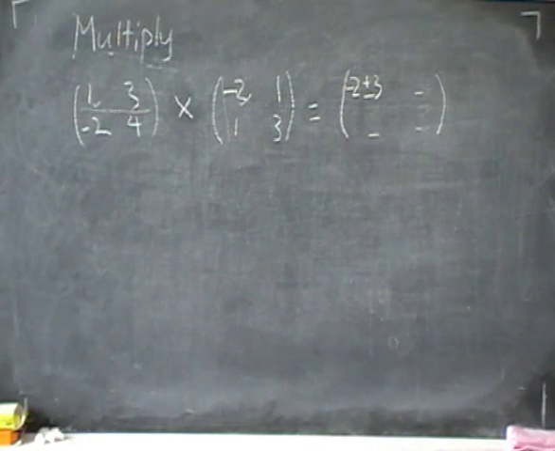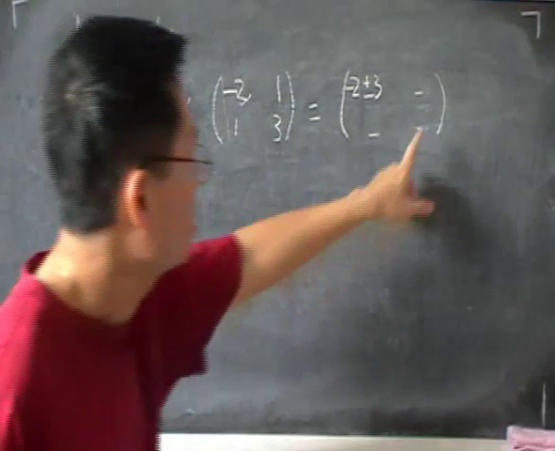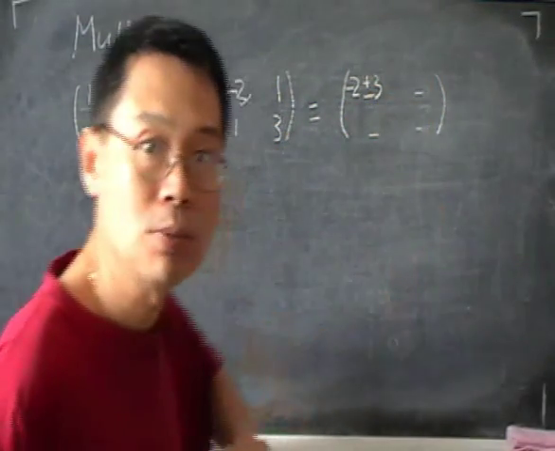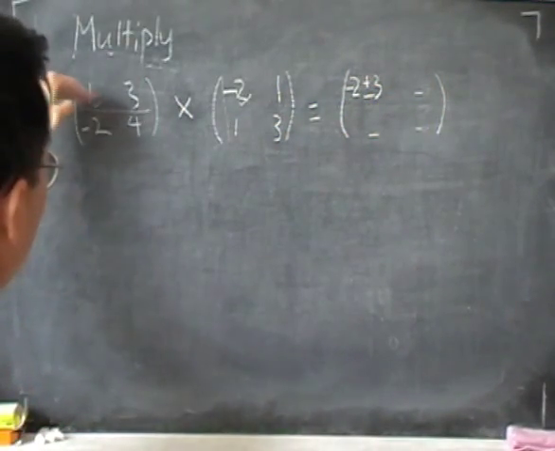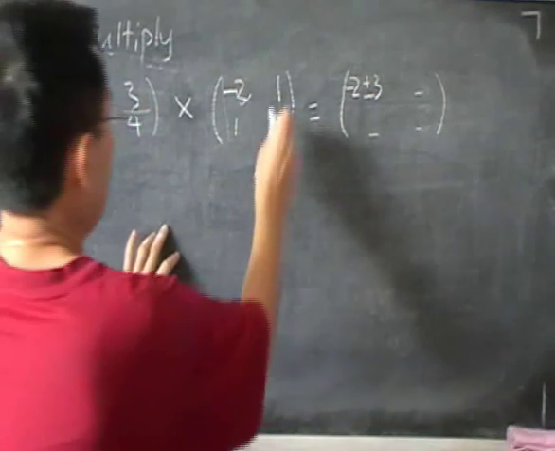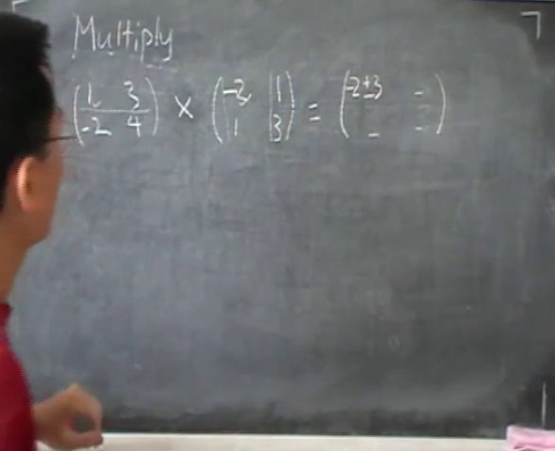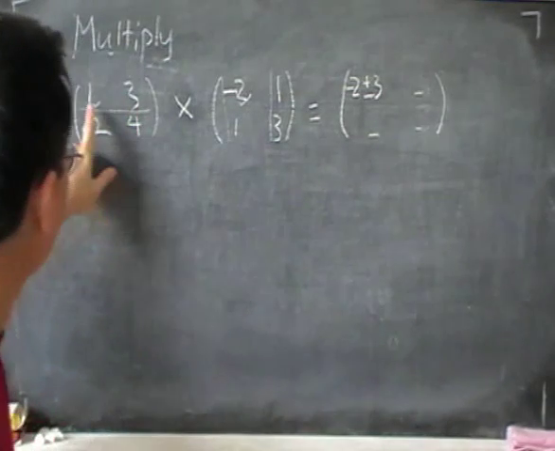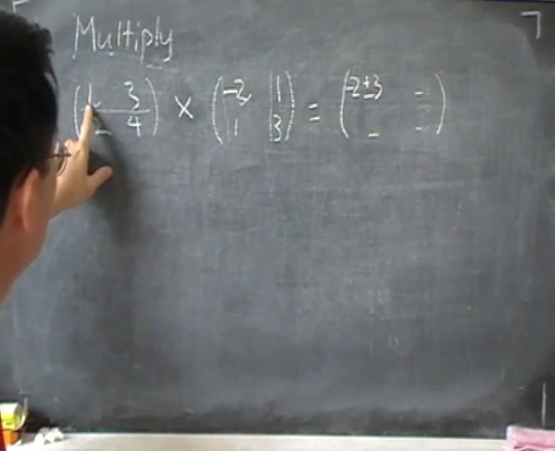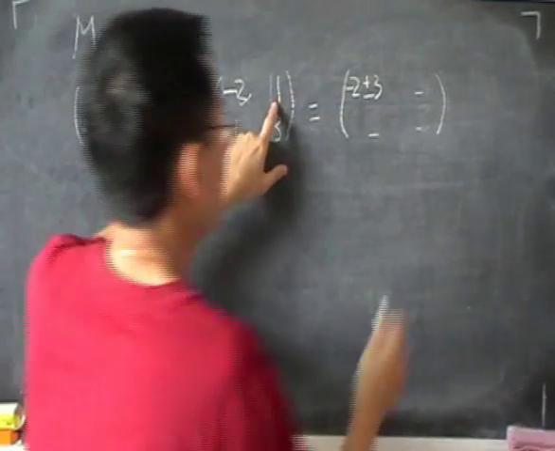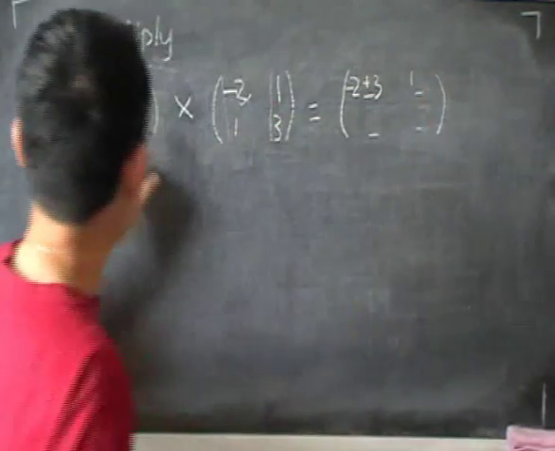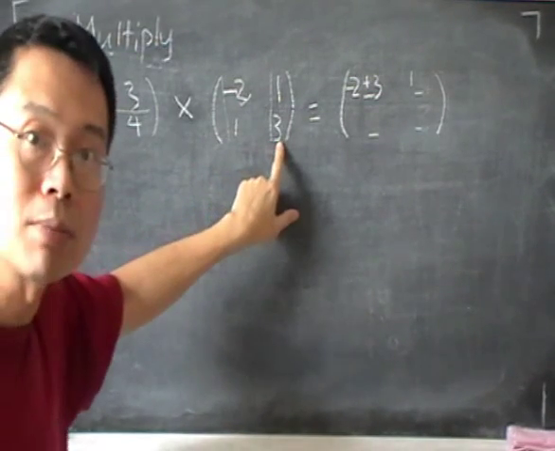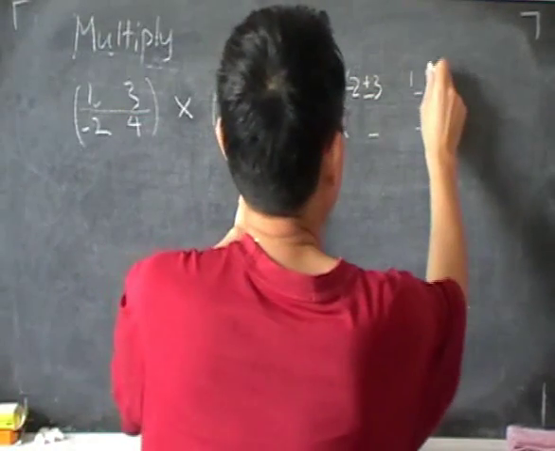Okay. Now to get the next number, that will be the first row and the second column, I need to make use of the first row here and the second column there. And then I would repeat the same idea. I would take the first number multiplied by the first number, that's 1. I would take second number multiplied by the second number, that's 9. And add them.